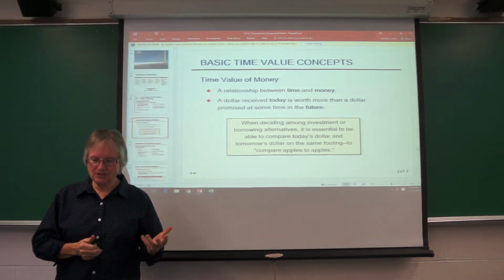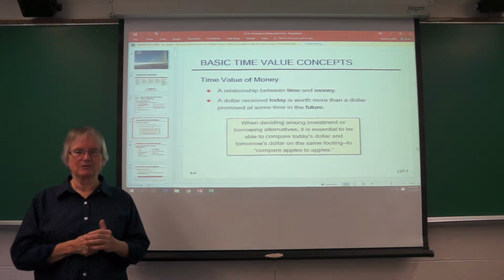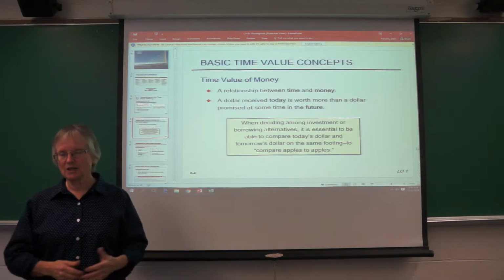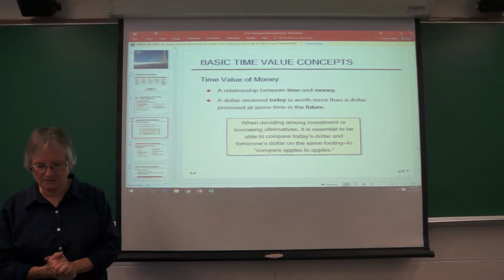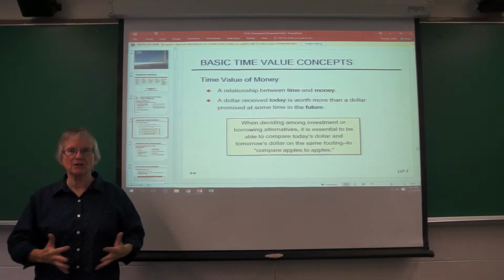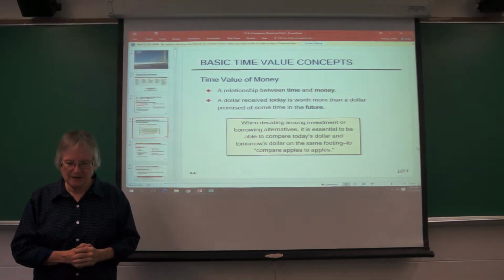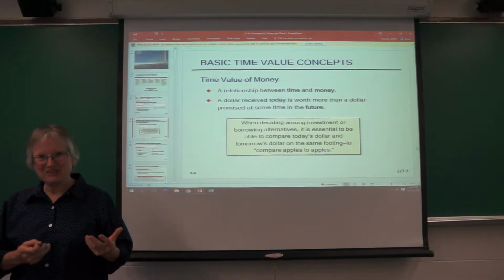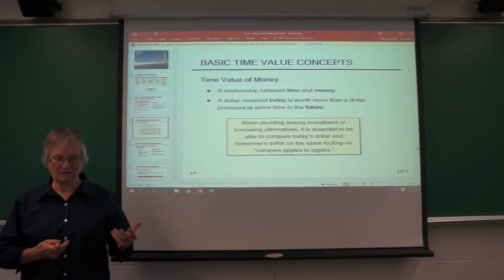If you just had a kid and you want to have however much it's going to cost in 18 years to put that kid through college, how much do you need to be saving now to come up with $100,000 18 years from now? Or you may be 20 and someday you will be old.